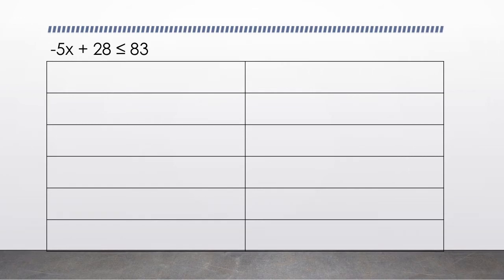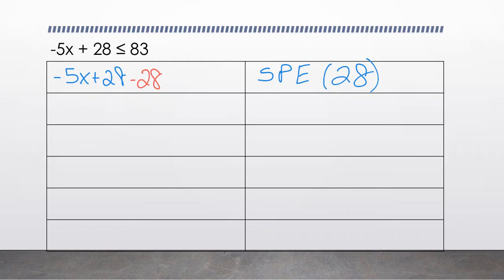So let's try it with another equation. Here I have -5x plus 28 is less than or equal to 83. The first thing I'm going to do is some subtraction property of equality. Remember, that doesn't change anything. I'm going to subtract 28 from both sides. So I have -5x plus 28 minus 28 is less than or equal to 83 minus 28.